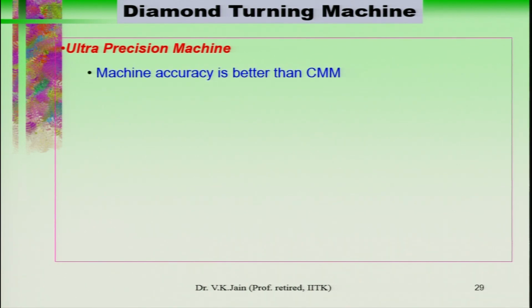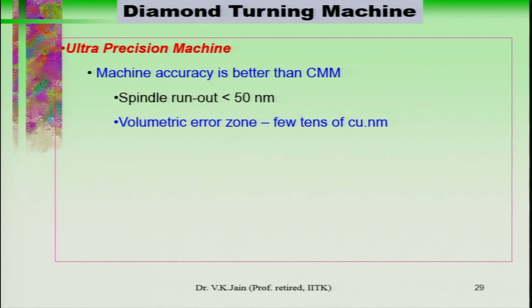So, machine accuracy is better than CMM, that is coordinate measuring machine. Secondly, spindle run out should be less than 50 nanometer. Volumetric error zone is few tenths of cubic nanometer.